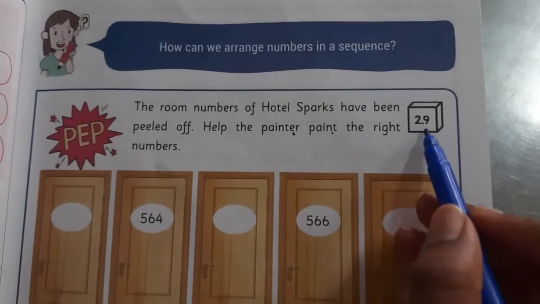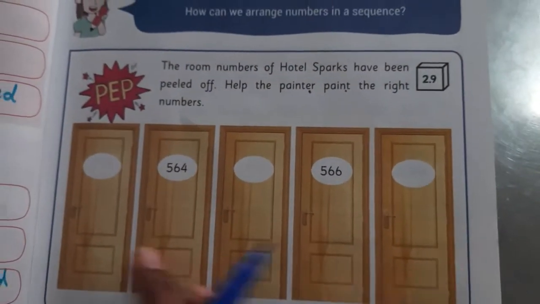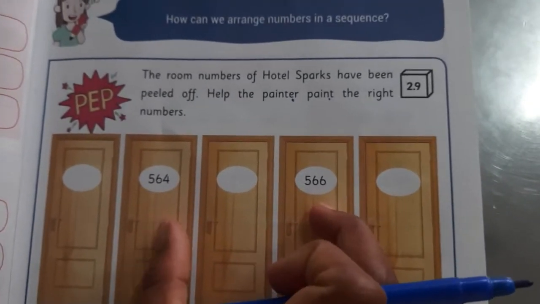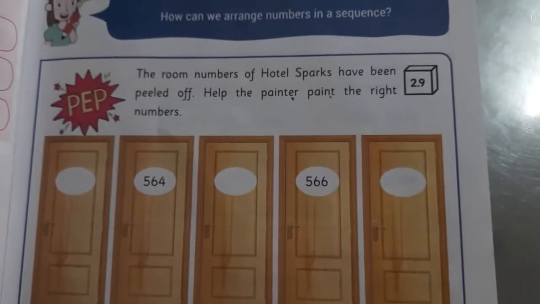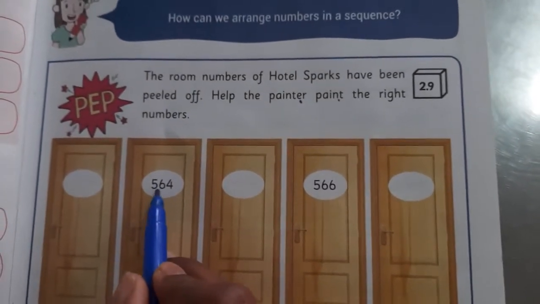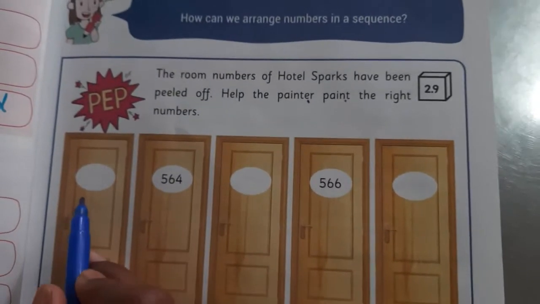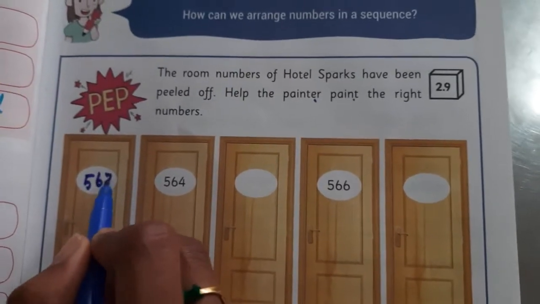That is activity 2.9. Here they have given how many doors? Totally there are 5 doors. Only 2 doors alone have the number. So for the remaining 3 rooms we have to write the number. Here, 564 before, what is the number? 563.